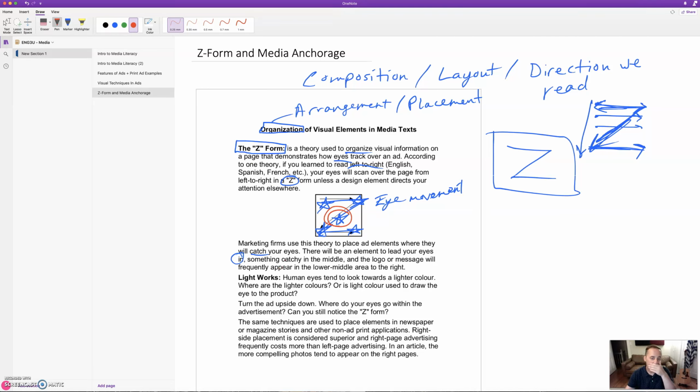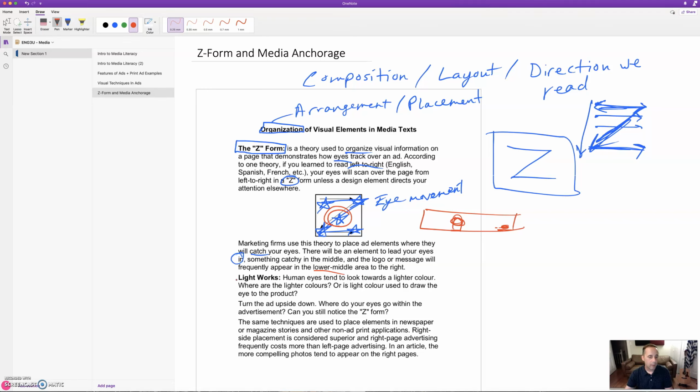So maybe that's the biggest element. And the logo or message will frequently appear in the lower middle area and the right. We saw that with the Pepsi ad. If you remember, they had a logo way down on the bottom here with a little catchphrase, and they had the Pepsi can kind of almost center.